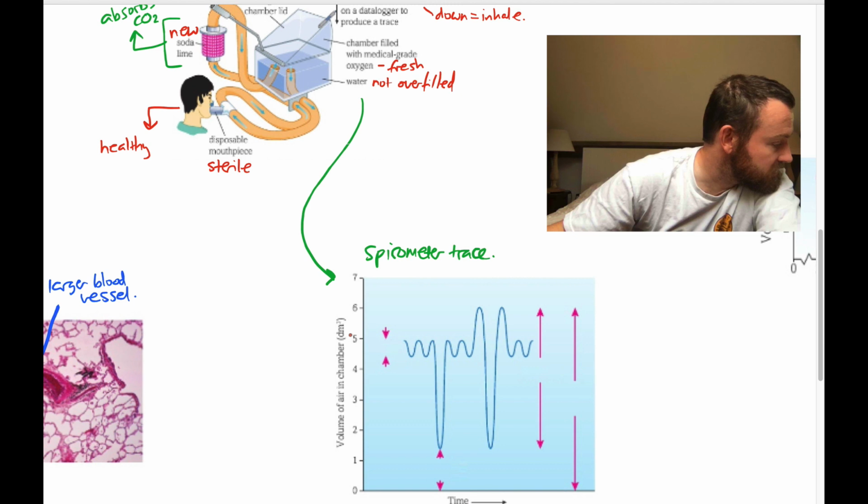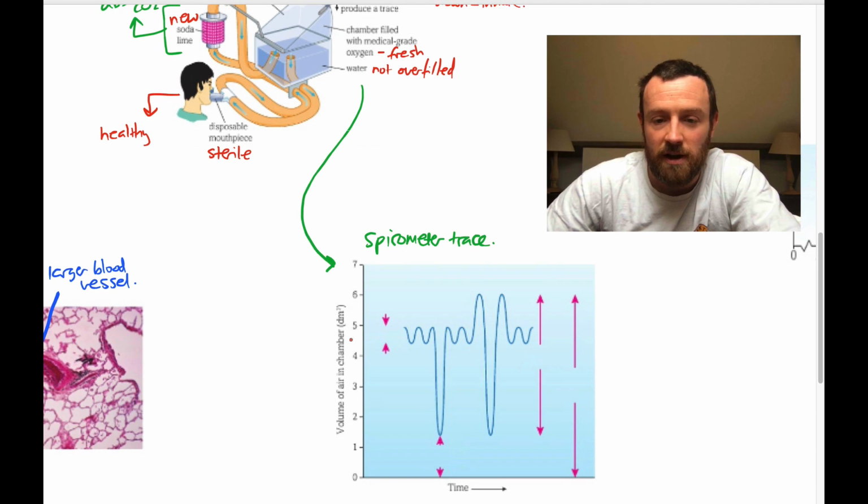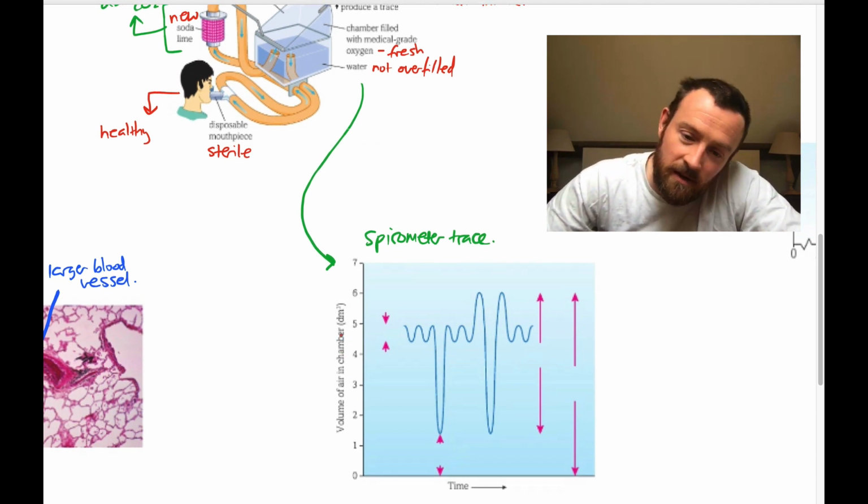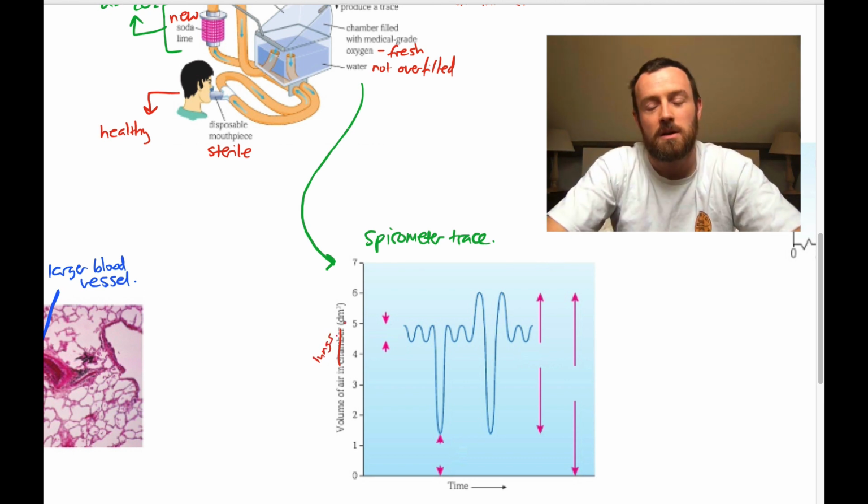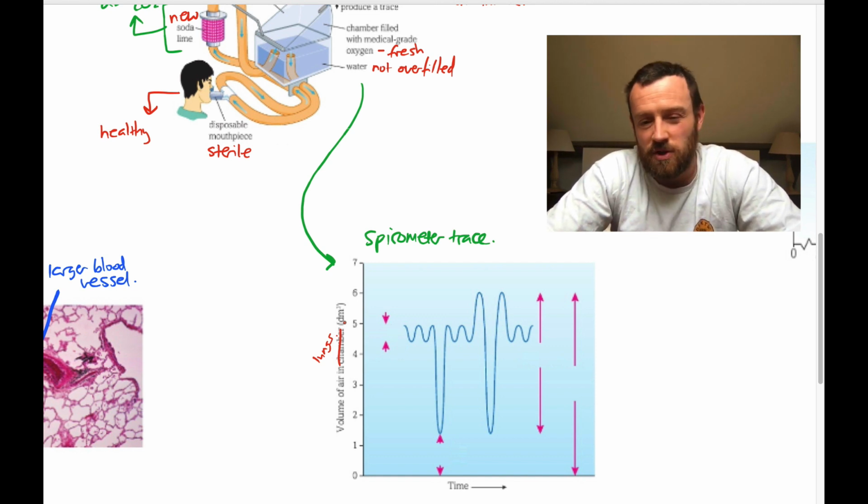I'm not convinced that that's correct. Yeah, I'm not convinced this is correctly labelled on this textbook here. I think this should not be volume of air in chamber. I think this should be volume of air in lungs, which can be worked out from the chamber.